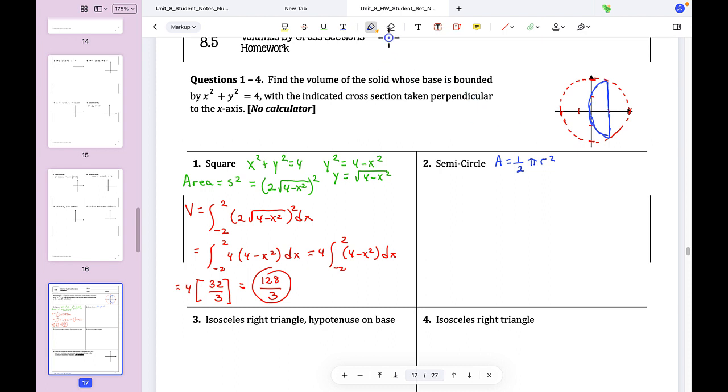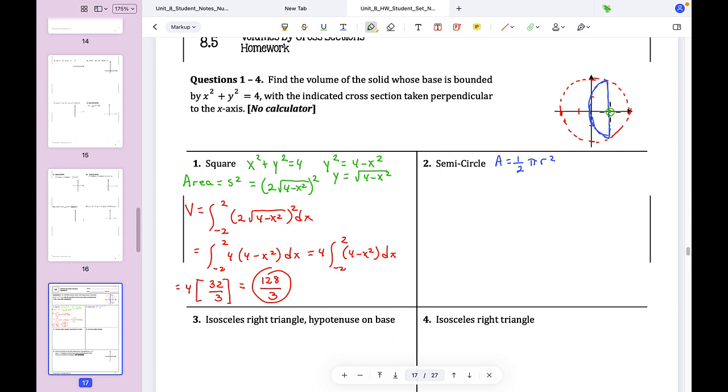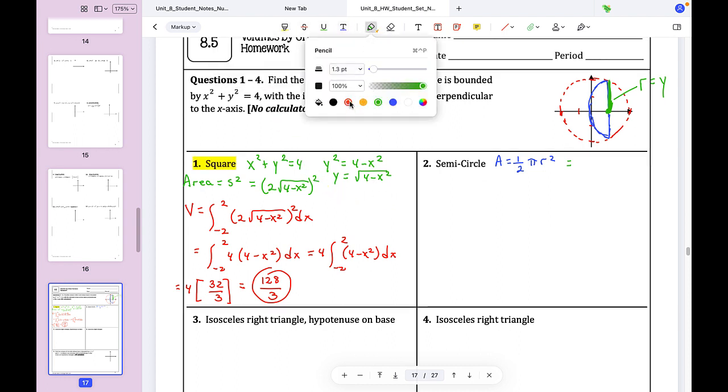All right, so let's figure out what the r value is. This is r right here, which is the y value. And we know that y is the same as it was before. I don't know why it doesn't let me highlight my writing.